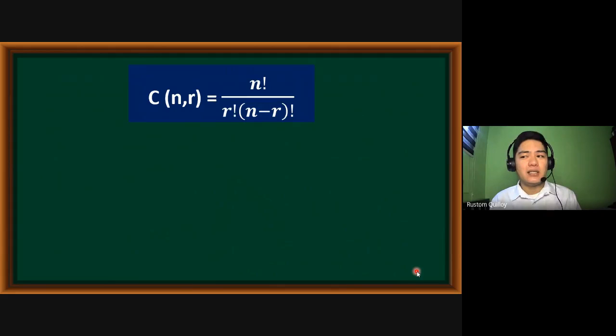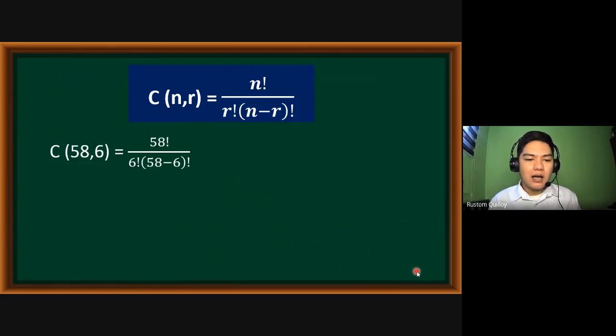So by substituting the given values, our equation would be combination of 58 taken 6 at a time is equal to 58 factorial over 6 factorial, quantity 58 minus 6 factorial.